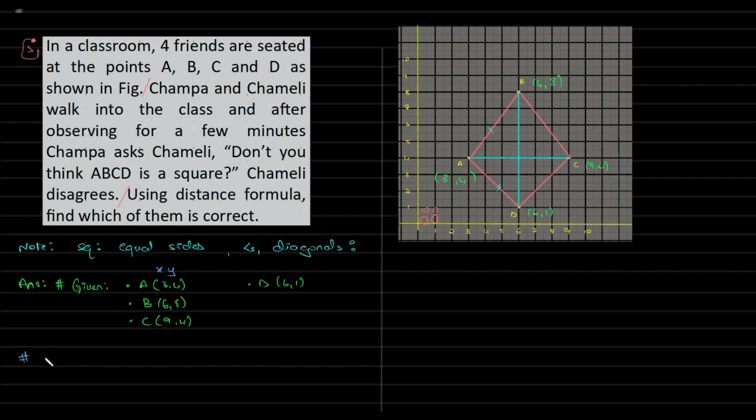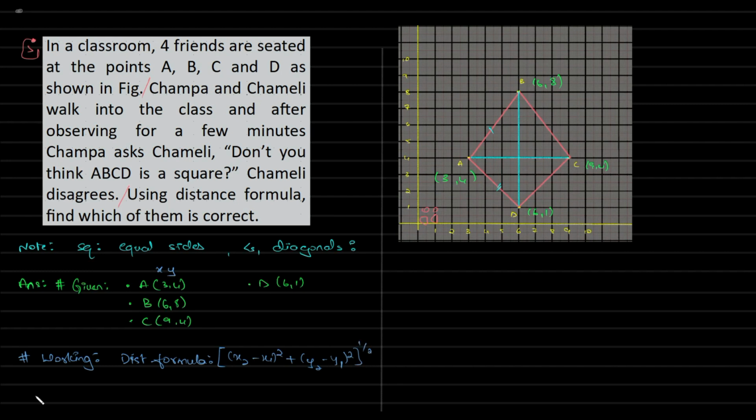Now that we have given, you have your working. First is your distance formula. Always write the formula, they do give marks for that. The formula goes like the square root of x2 minus x1 the whole square plus y2 minus y1 the whole square.